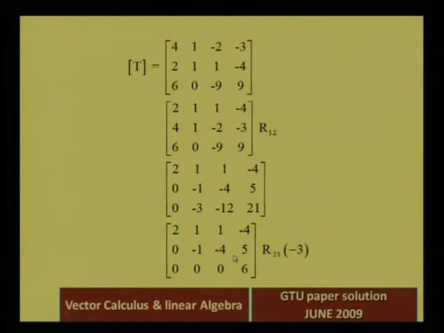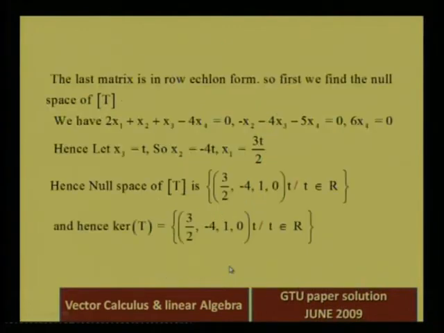Only the third column we don't have a leading entry, and the third column is for x3. So that's why we take x3 equal to t. So x2 is equal to -4t from this equation.